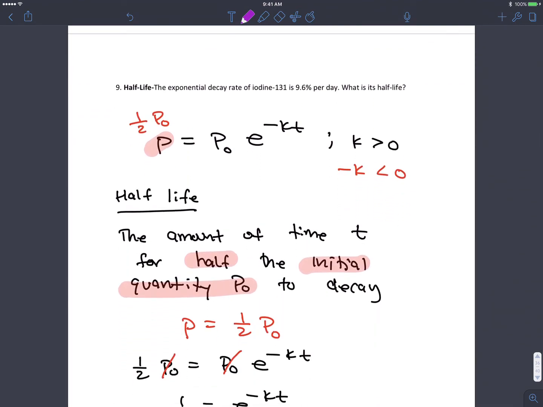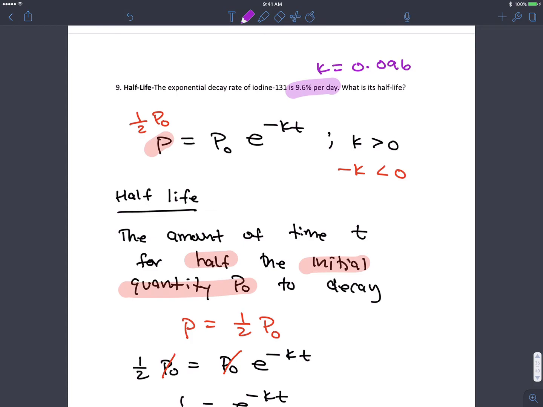So in this question here, the exponential decay rate of iodine 131 is 9.6% per day. Now, this 9.6% is 0.096. That's the k value.